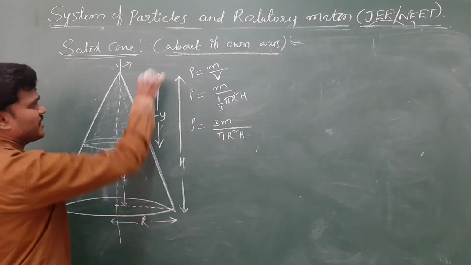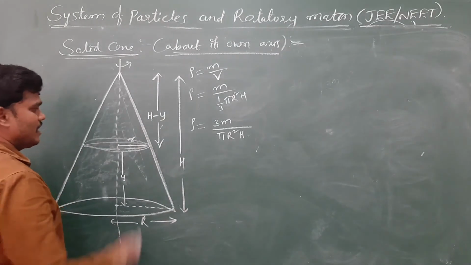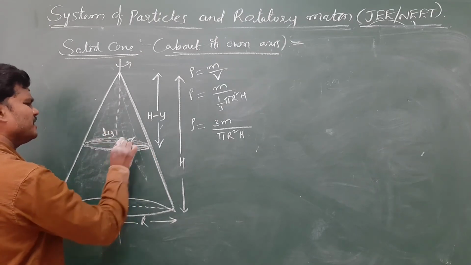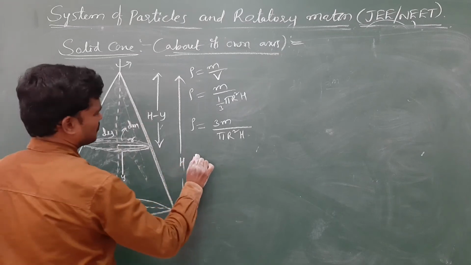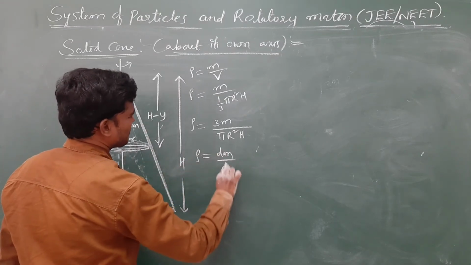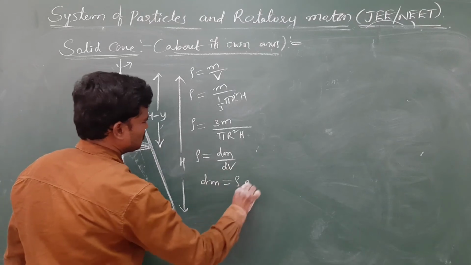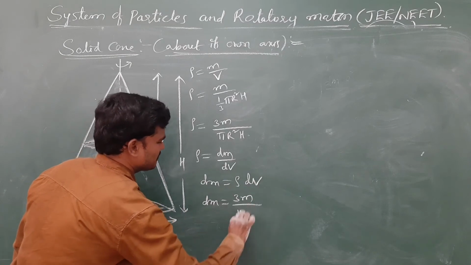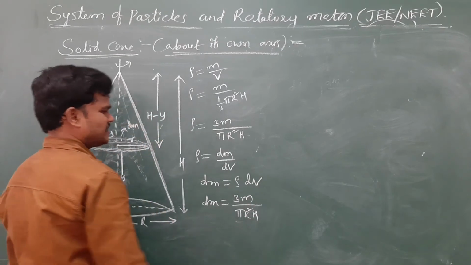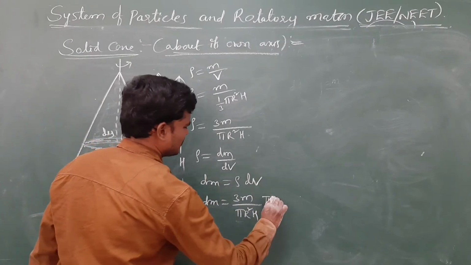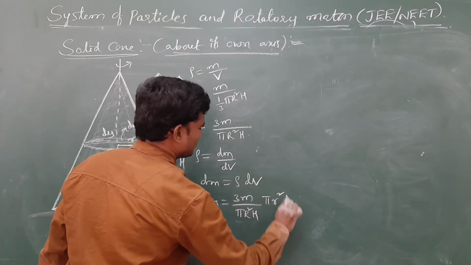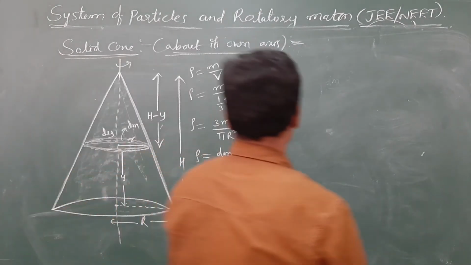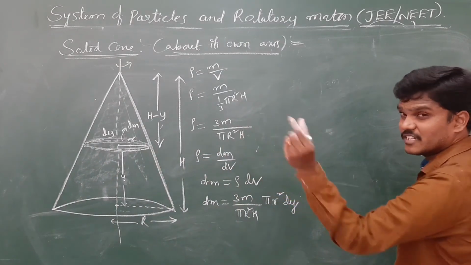This part has mass dm and thickness dy. So dm is equal to rho dv. Rho is 3m by pi r square h, and dv is the area of the disc, pi small r square, times the thickness dy.